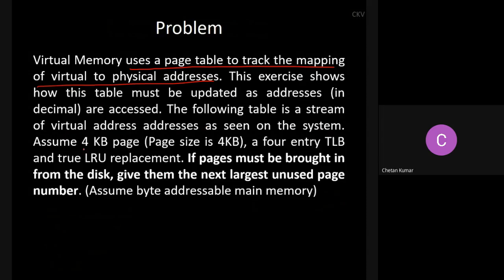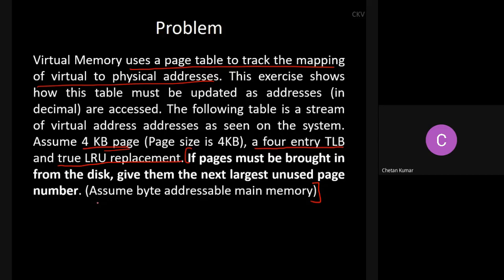We'll assume that the page size is 4 KB, and that there is a 4 entry TLB, meaning the TLB has only 4 entries, which will follow true LRU replacement. Whenever you want to replace some entry, you will follow accurate LRU. There is some additional information because we don't know how the OS does things.